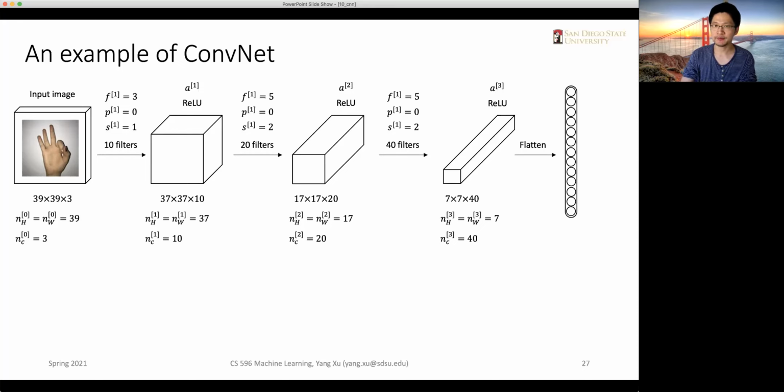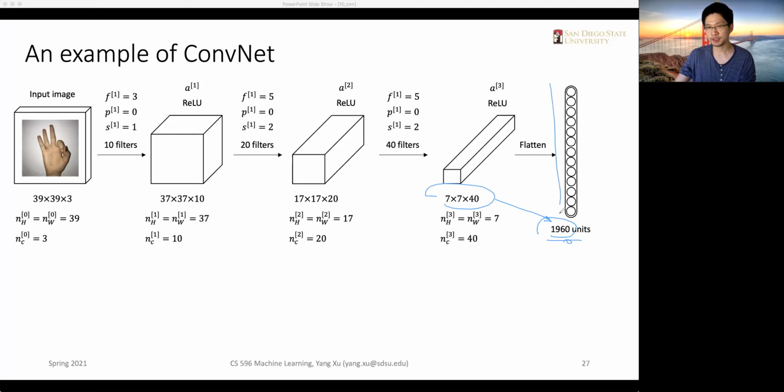So we will directly flatten all the elements into 1960, which is the quantity of 7 times 7 times 40. We can think of these 1960 units as input to some regular neural network.